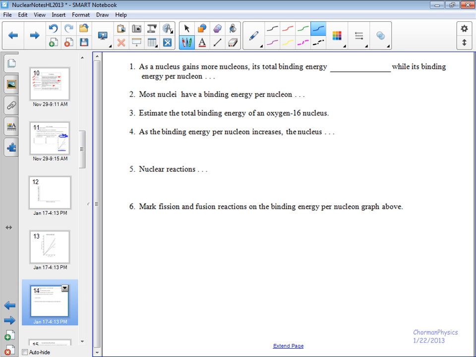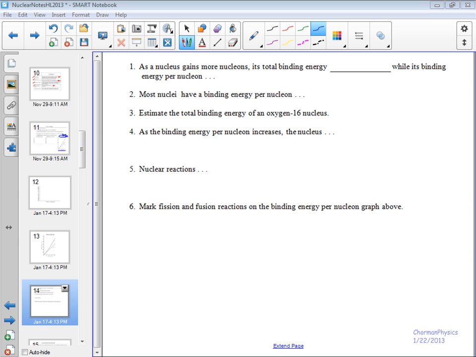And this comes with a wild idea, that mass and energy are equivalent, which comes from special relativity from Einstein. We're going to talk about this more and more as we get to these sections. But let's just start off with this idea of binding energy right now, and put it in the context of binding energy per nucleon.